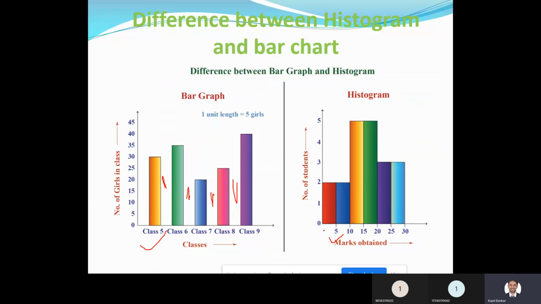Suppose here 0 to 5 range, 5 to 10, then 10 to 15, 15 to 20, 20 to 25, 25 to 30. So these are the different ranges, placed on the x-axis. These are some differences between histogram and bar chart.